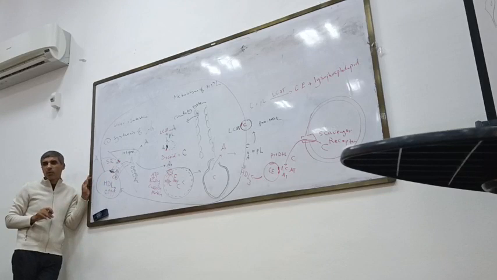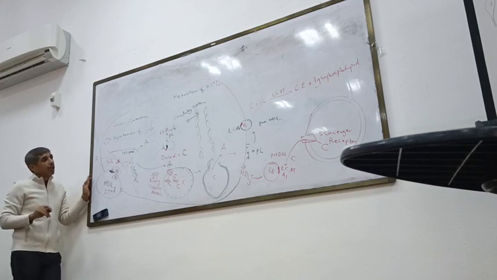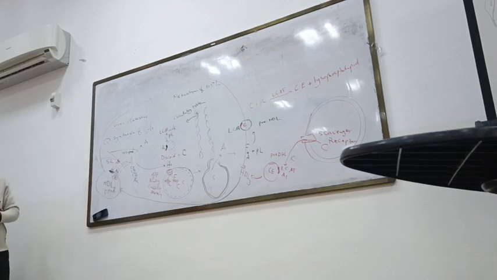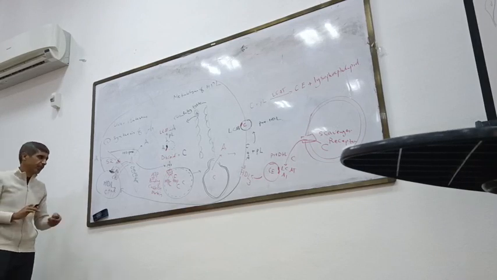Alpha 1 cannot be absorbed; it keeps circulating. So this is the mechanism of high density lipoprotein.